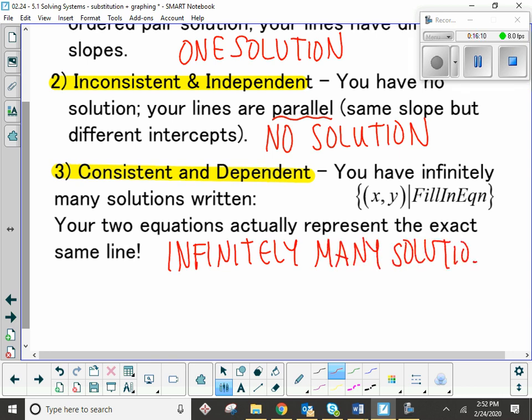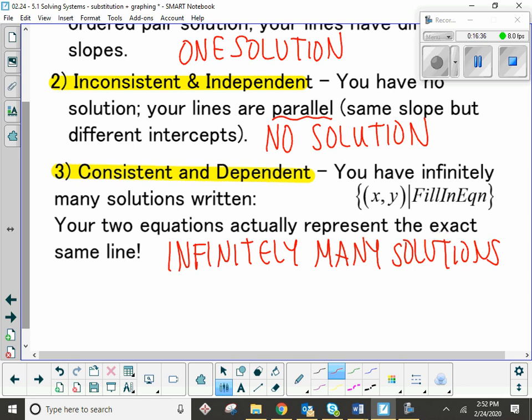And this comes about when the lines have coefficients that are multiples of each other. They would have different numbers, so they would look different on the surface, but if you were to solve for y and put it in mx plus b and simplify, they'd end up being the exact same line.